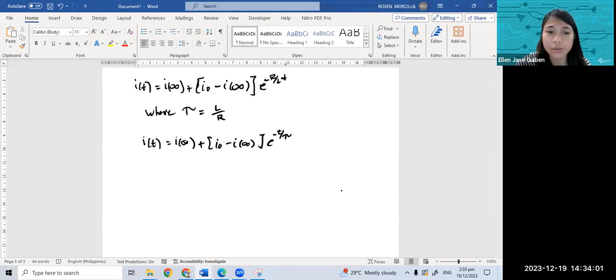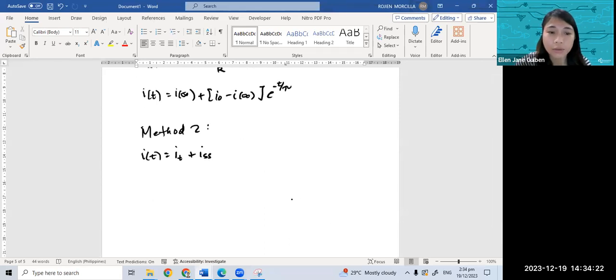You can also get these values using method 2, using I of t is equal to I transient response plus I steady state.